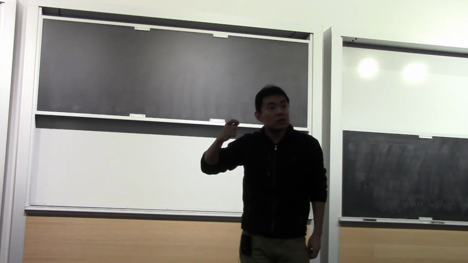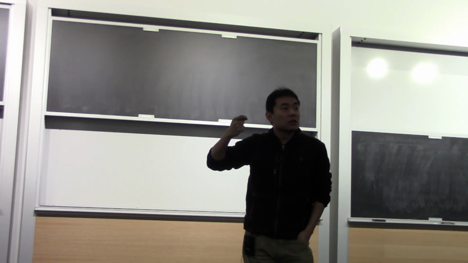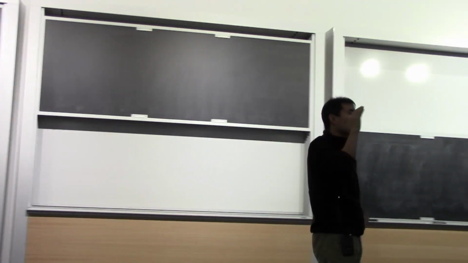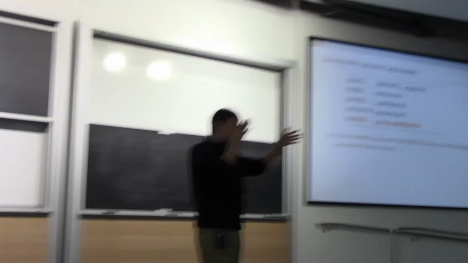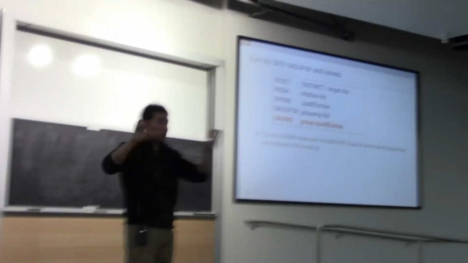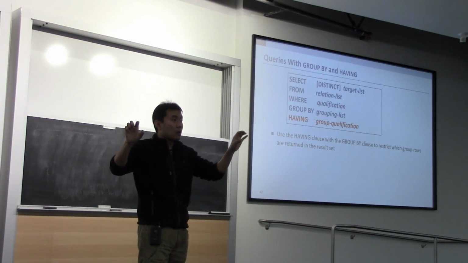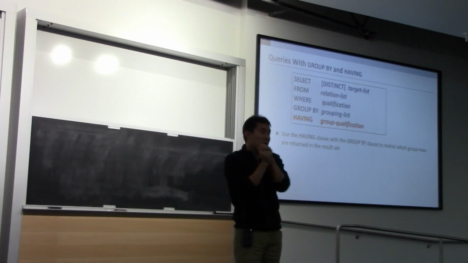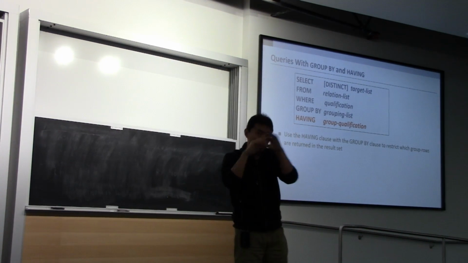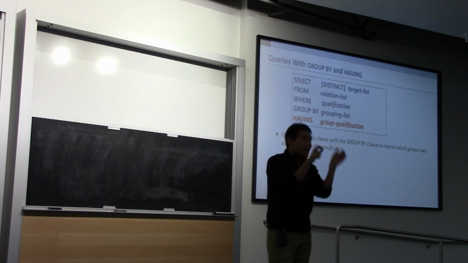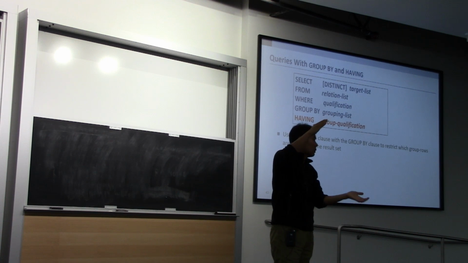Hence, we need something additional. That something additional is called the having clause. The having clause is similar to a where clause in the sense that it allows you to specify a Boolean expression to check. However, it differs from the where clause in a significant way: the Boolean expression specified in the having clause is checked at the group level.